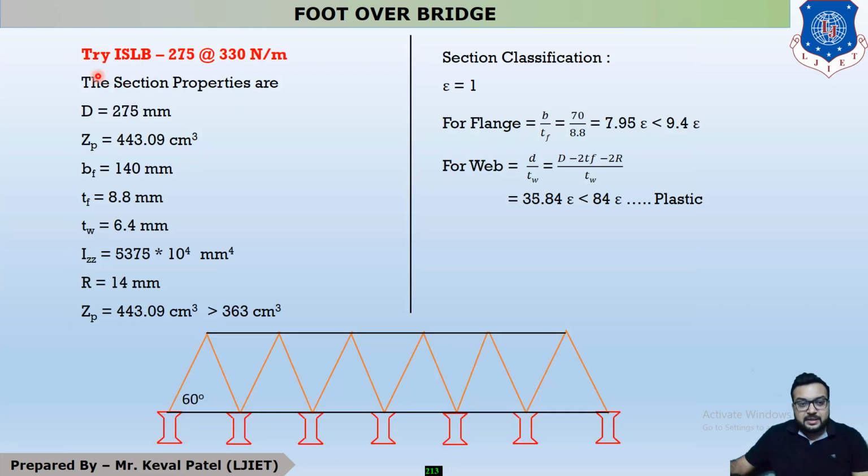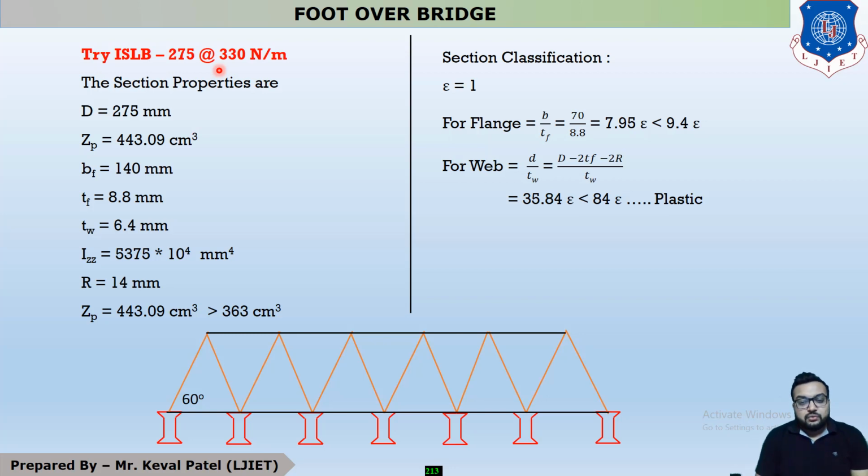So let us try our ISLB section 275. 1 kg is equal to 10 Newton, exactly 9.81 Newton, so 33 kg per meter is equal to 330 Newton per meter.